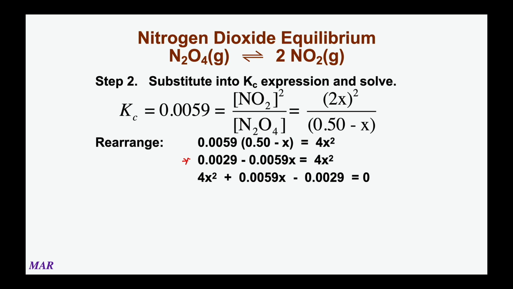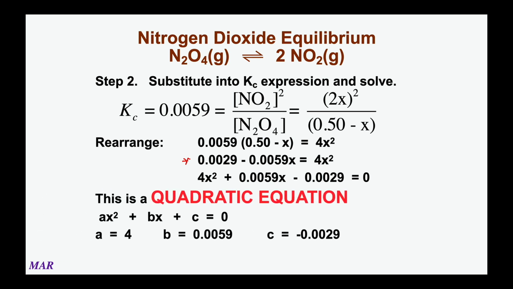And if you remember from math classes, I've written it this way because this is the form you need for a quadratic equation. Now, in a quadratic equation, you always have an x squared, an x, and just a number. And the numbers in front, like here, this 4, that's the a, all right? And 0.0059, that's the b term.